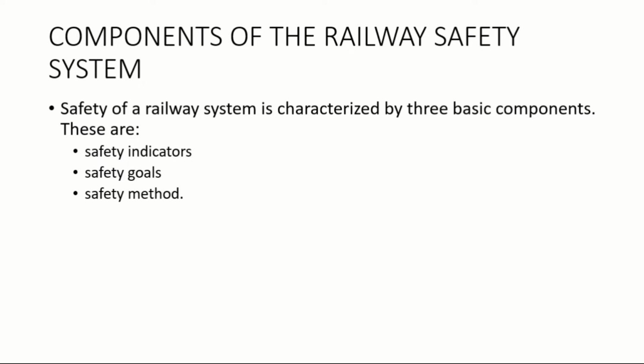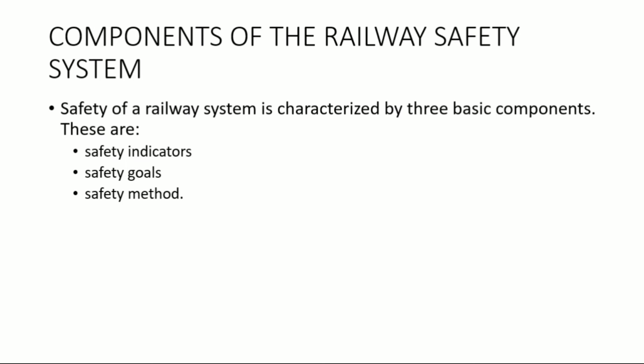So they represent the parameters defining the railway safety level. Safety indicators comprise the system elements. Examples of indicators are serious accidents where lives were lost, and so on.